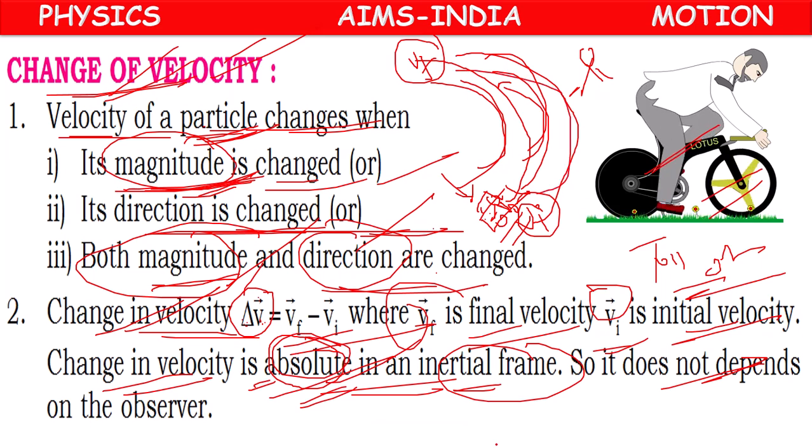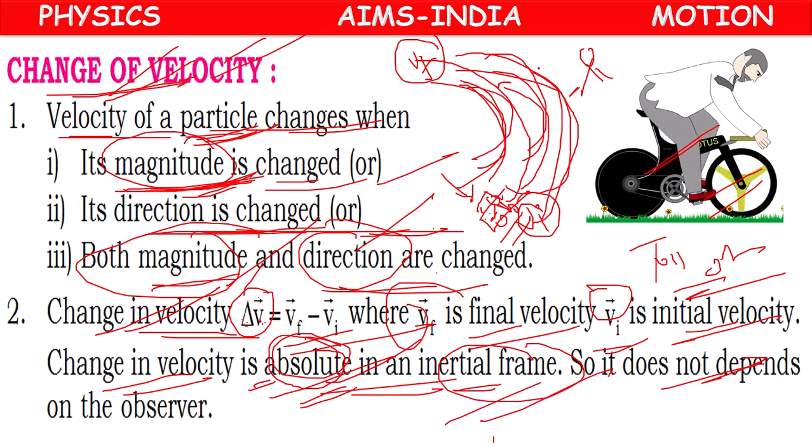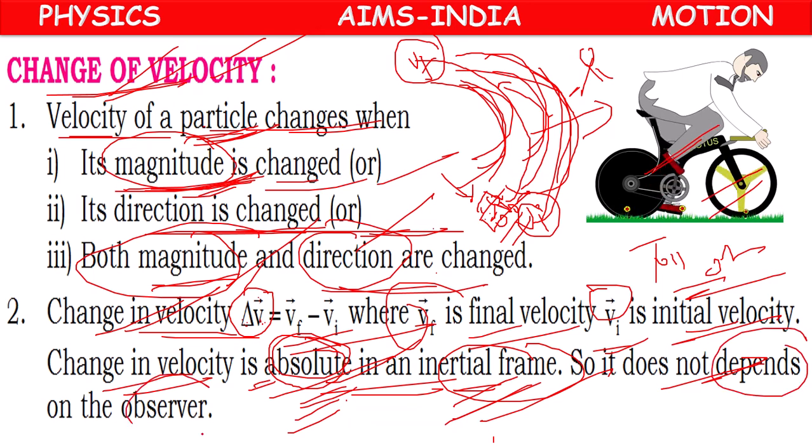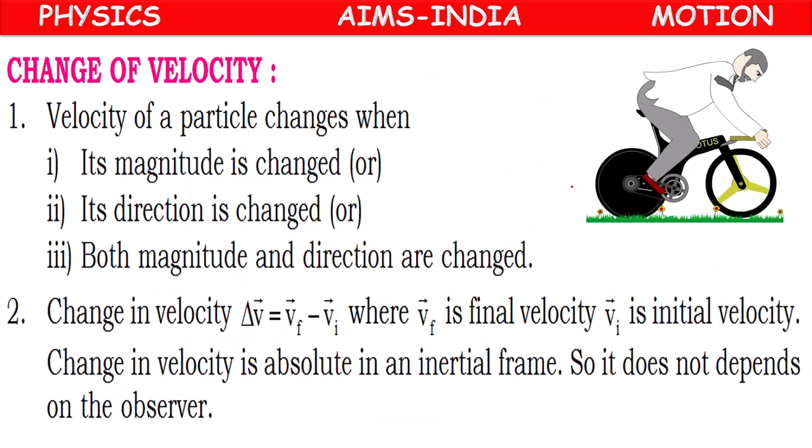Change in velocity is fixed because this frame is an inertial frame. This outer ring road is a fixed frame, it is not moving, so it's considered an inertial frame. So in an inertial frame, change in velocity is an absolute term, it does not depend on the observer. For everybody, the value of change in velocity will be the same. From person to person, it won't change.